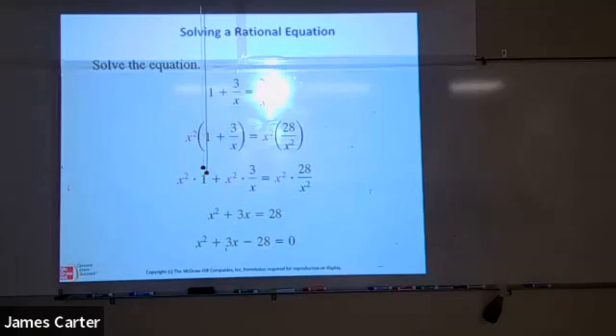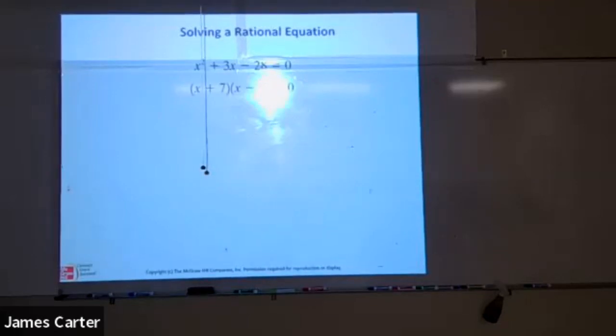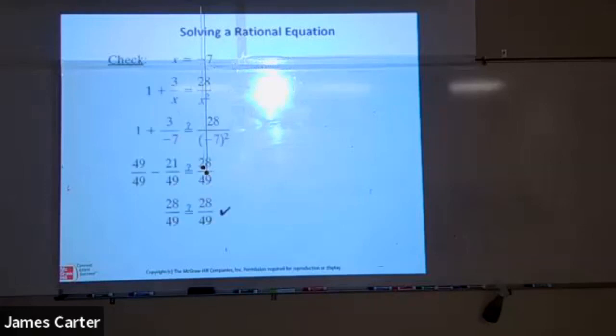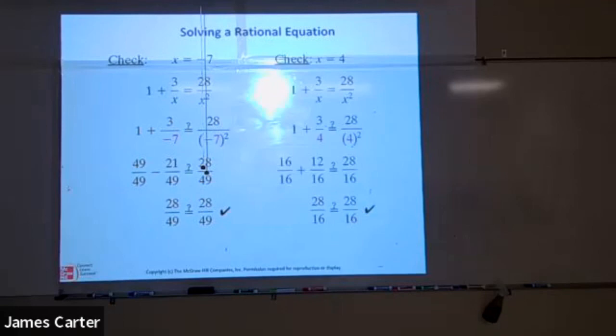We canceled. And this time we got a quadratic. We got to factor that. When we factor that, it comes to this. It's going to give us our two answers, -7 and +4. Okay. There's the check.